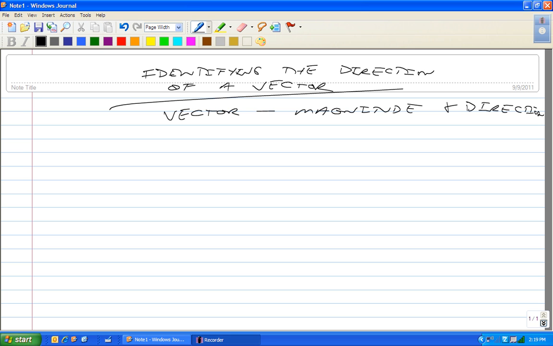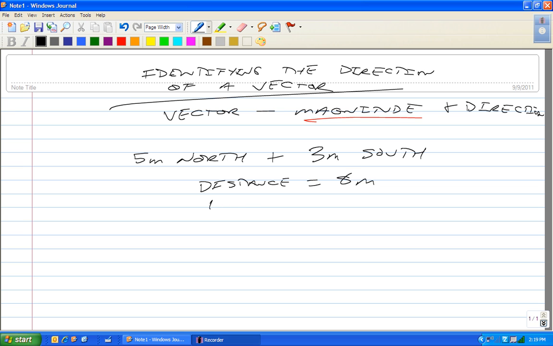So a vector has both magnitude and direction. So far we've talked about how to find the magnitude. Right? If we have, say, a path of 5 meters north, and we add to that 3 meters south, then the distance that we traveled was 8 meters, and the displacement of our trip was 2 meters north, right?